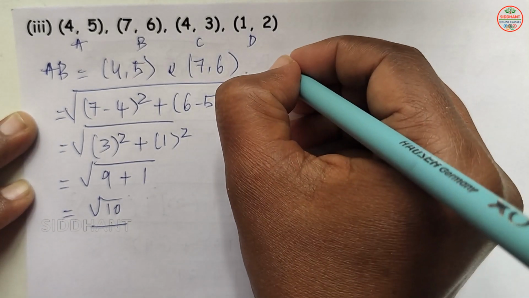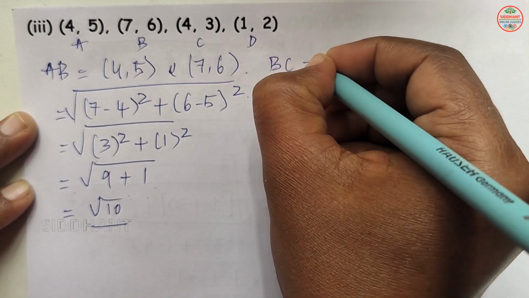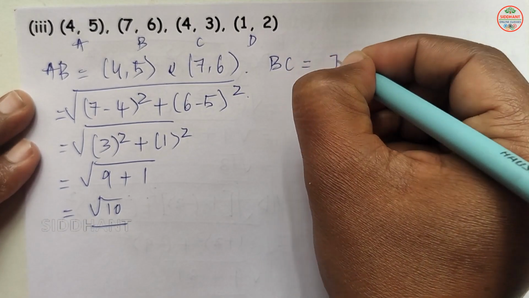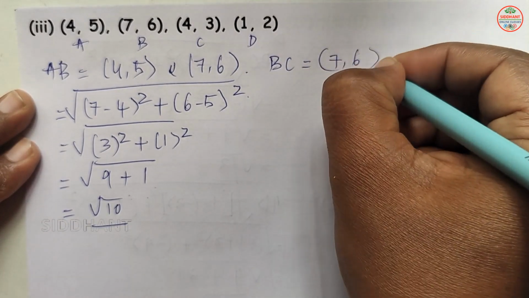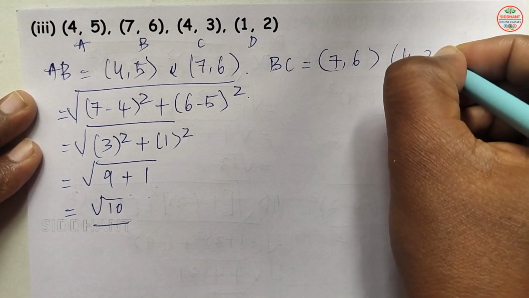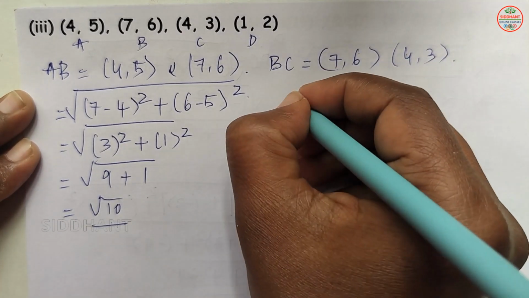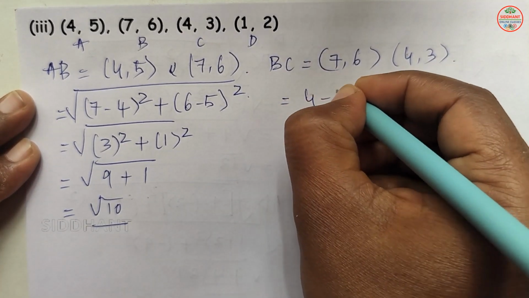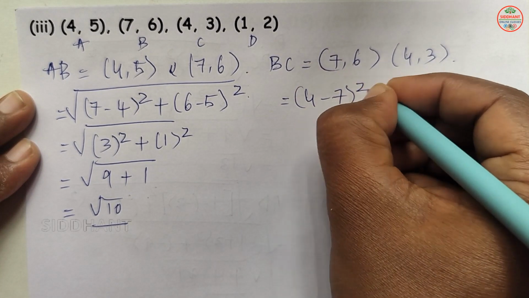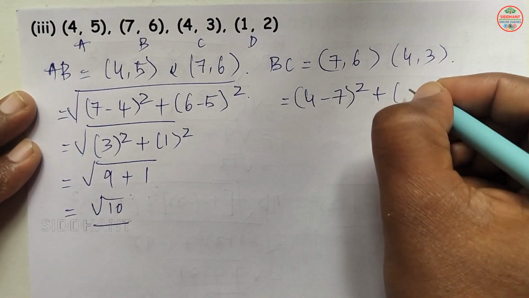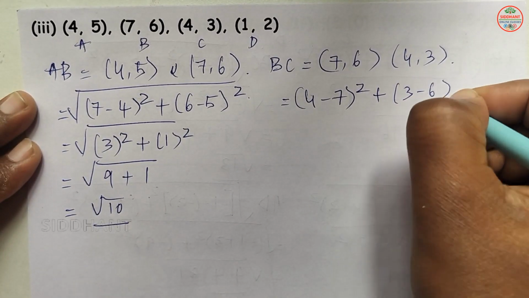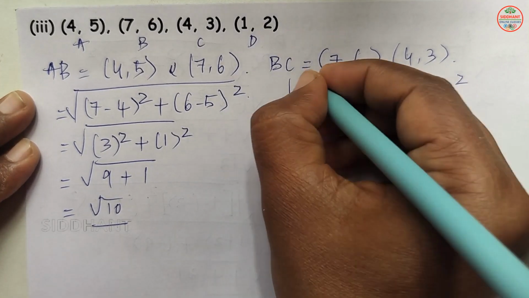Next we are going to see BC, which is 7, 6 and 4, 3. So that will be x2 minus x1, 4 minus 7, y2 minus y1, 3 minus 6, square root.